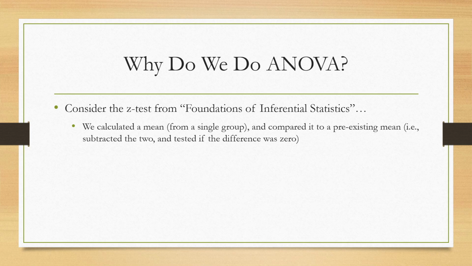In this case, the z-test we talked about was a single group. We took a single group, calculated the mean, and compared it to the pre-existing mean. That is, we subtracted the 2 and tested if the difference was from a distribution with a mean of 0.